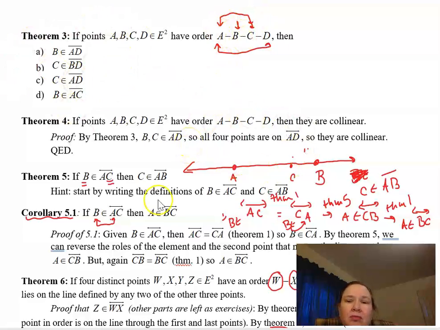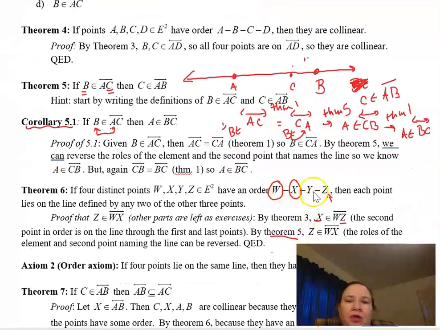Okay, so you're going to get Theorem 3 to pick out the 3 point names that you want to use, and you're going to use Theorem 5 and maybe Theorem 1 to get things in the order so that you have the right 2 points naming the line and the right point being an element of that line.